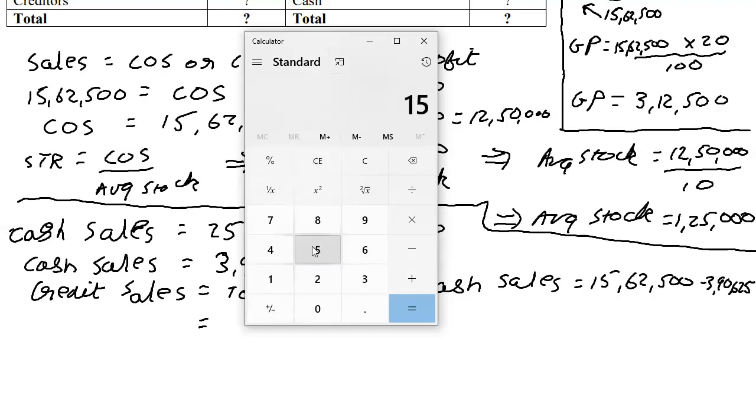Also, we can multiply 15,62,500 into 75%, since 100 minus 25 gives us 75%. And we should get the same number, which we do: 11,71,875.